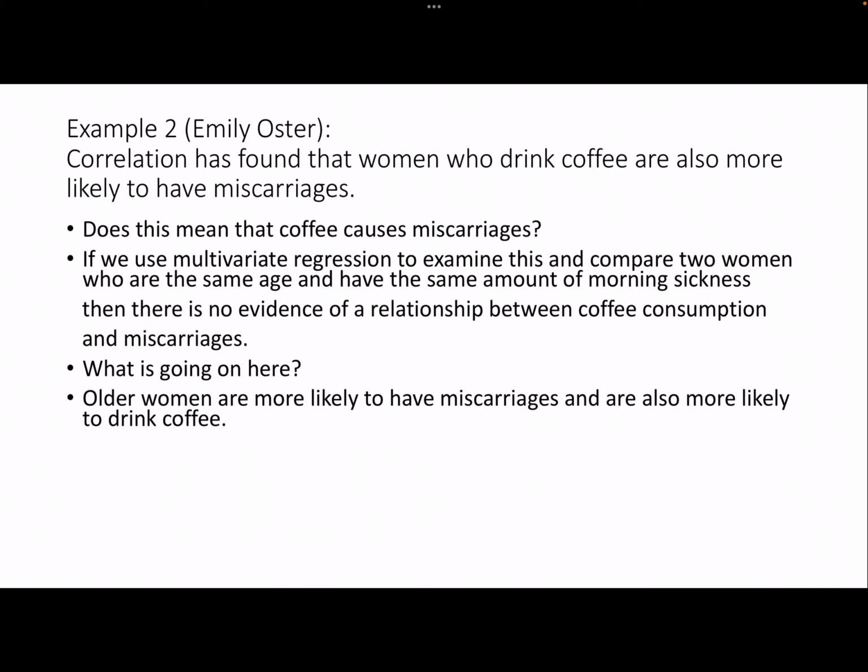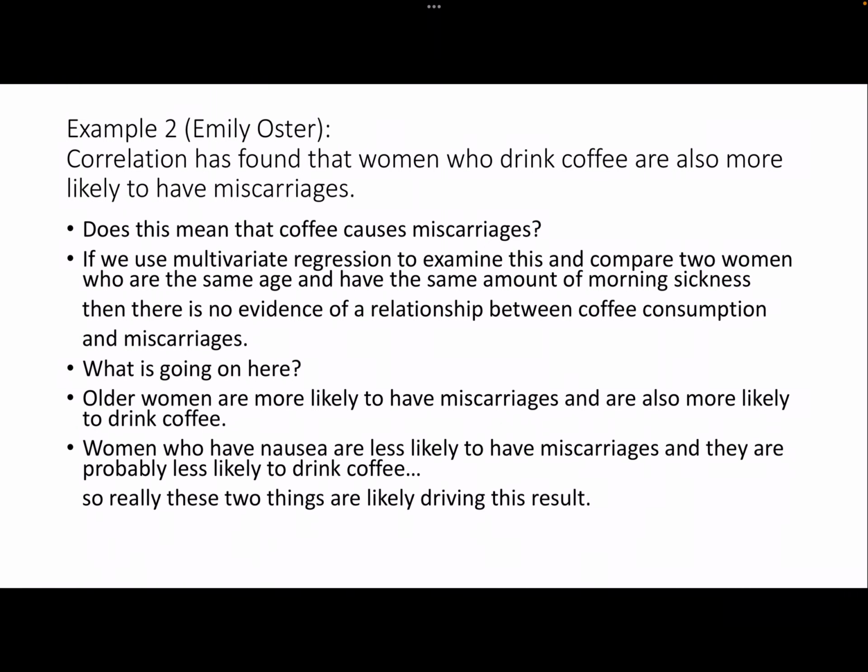This was observational data, that we talked about in the first video. So really, what's driving this result is that women who are older are more likely to have miscarriages but also more likely to drink coffee, and women who have nausea are probably less likely to drink coffee but also less likely to have miscarriages. Once we compare two women who are the same on these two dimensions, getting close to that medical study, not everything, but these two dimensions, there is no evidence that coffee consumption increases miscarriage.